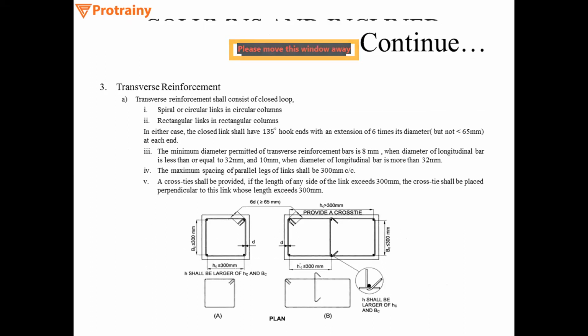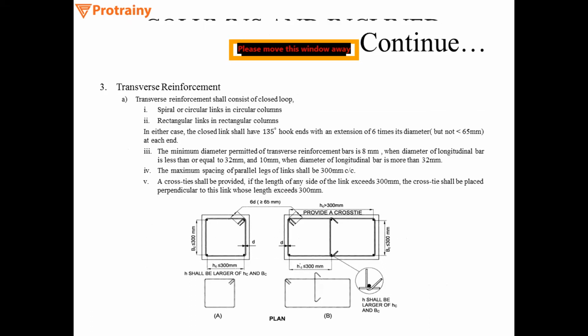Coming to the transverse reinforcement or ties, the first point is that the transverse reinforcement shall consist of closed loops: spiral or circular links in circular columns, rectangular links in rectangular columns, or square links in square columns.